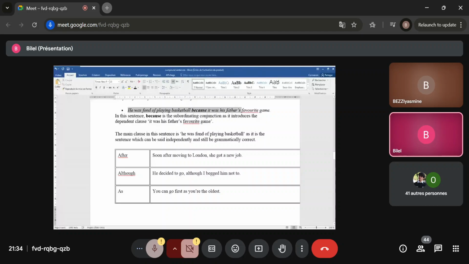As I said, if you want to distinguish between the independent and dependent clause, look for the subordinating conjunction. In this example, the subordinating conjunction is because. So all of this part is the dependent clause, but this part of the sentence is the independent clause. Yes?